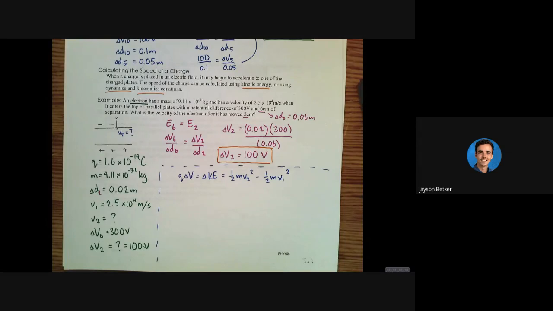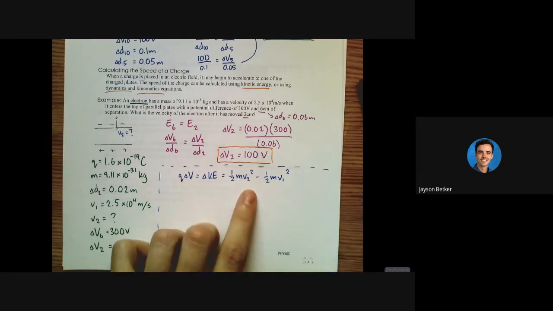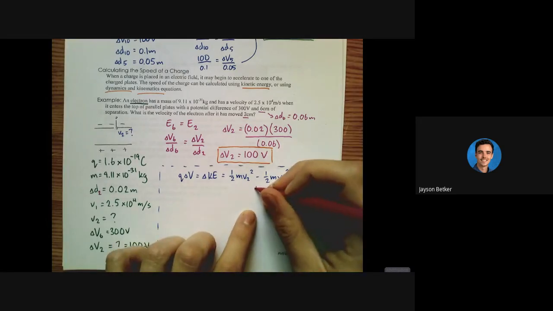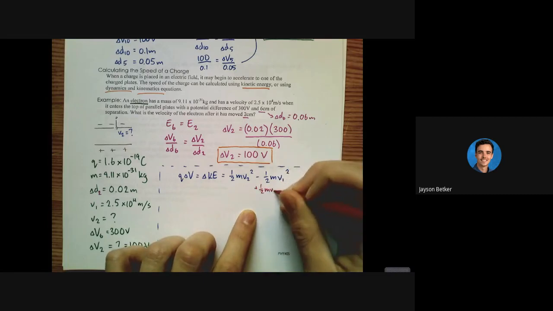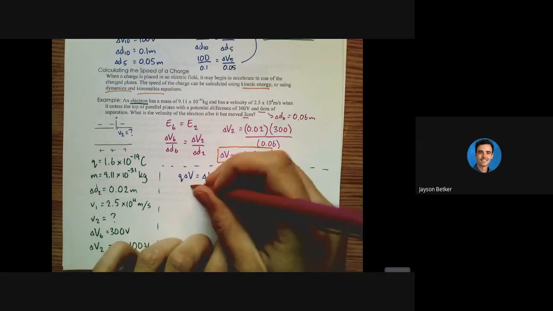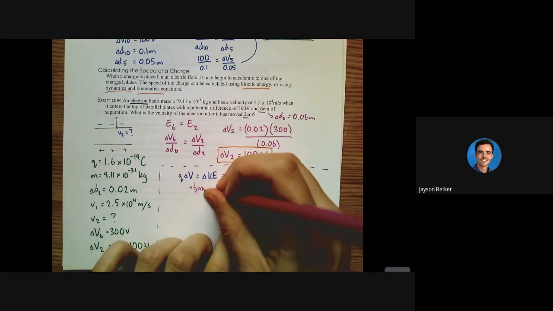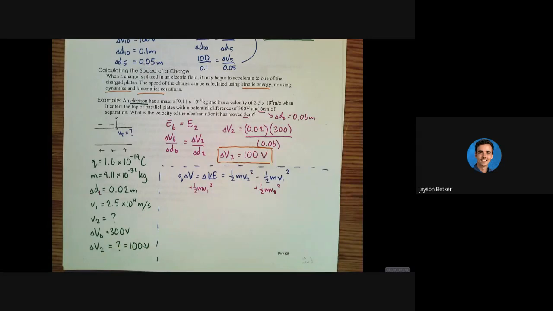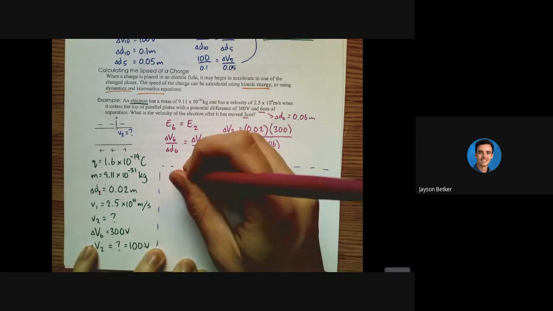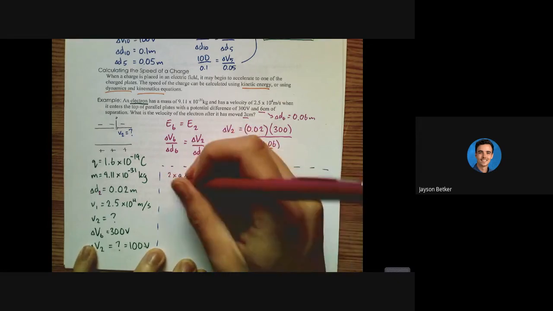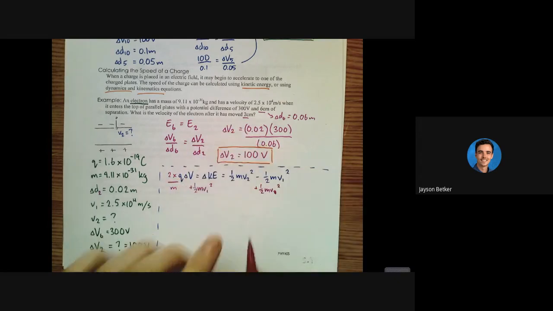So if I solve for V2, first off, I'm going to need to add 1/2 mv1 squared on both sides. And then I'll multiply by 2 to cancel out my 1/2, and I'll divide by m, and then I'll take the square root, right? So it's times 2, and then we're dividing by m, and then we have v squared equals that whole thing.